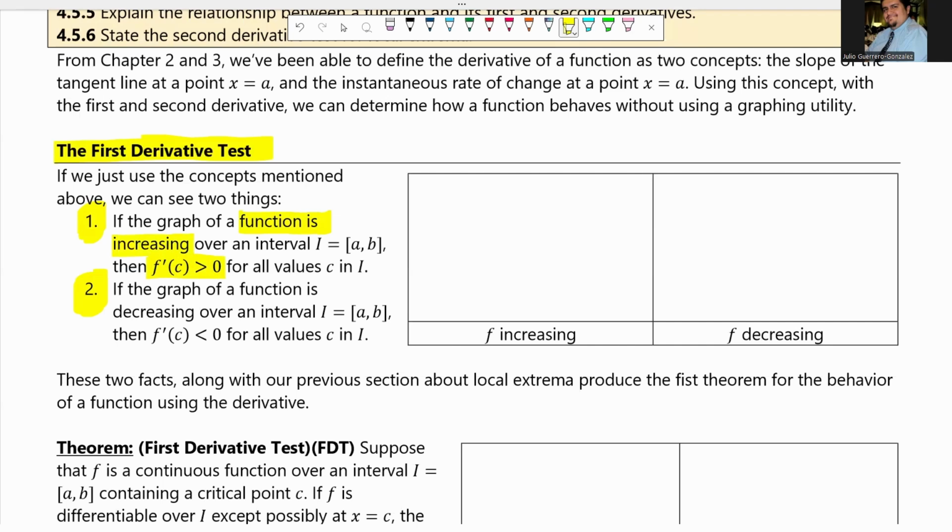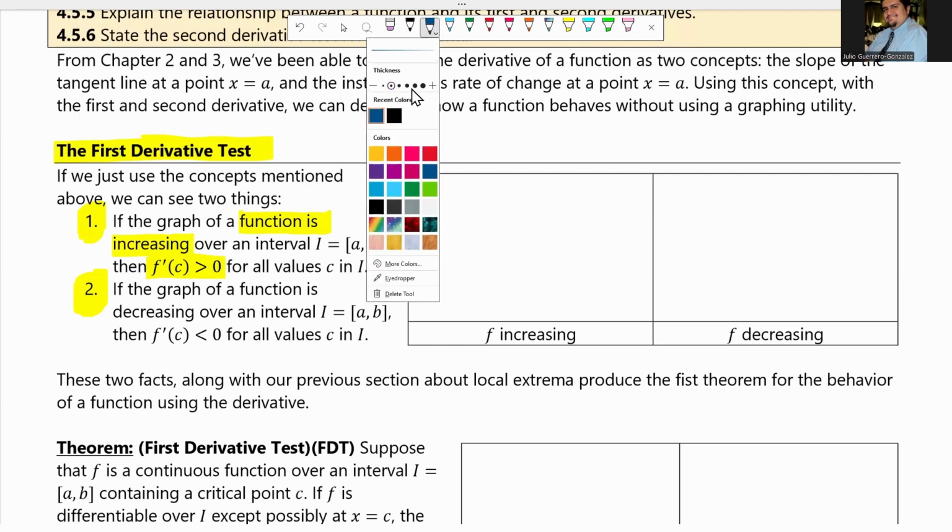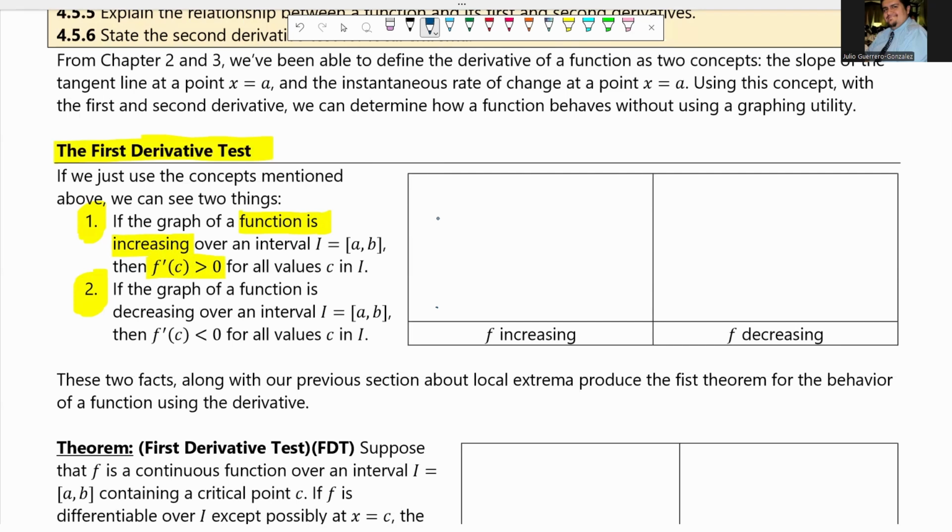So for example, let me go ahead and draw a picture here. Let's say this is my function right here. It doesn't matter which one it is. It can be increasing like this, or it can be increasing like this. So both of these can be considered my f of x, right?